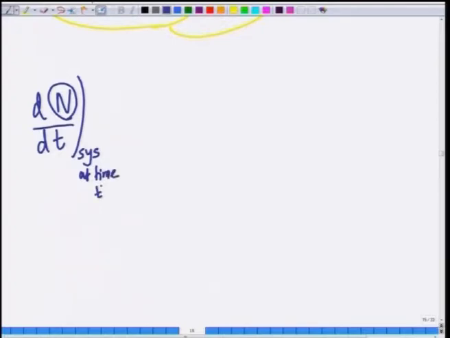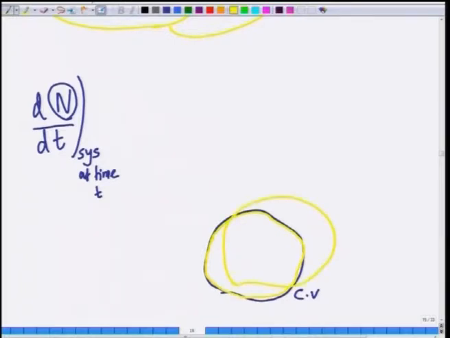Okay. The way we do it is, we first construct a CV of interest, and then we say that the system and CV coincide at time t equal to 0. The yellow line is the system. At a later time, the system would have moved elsewhere, but the CV will remain at the same place.